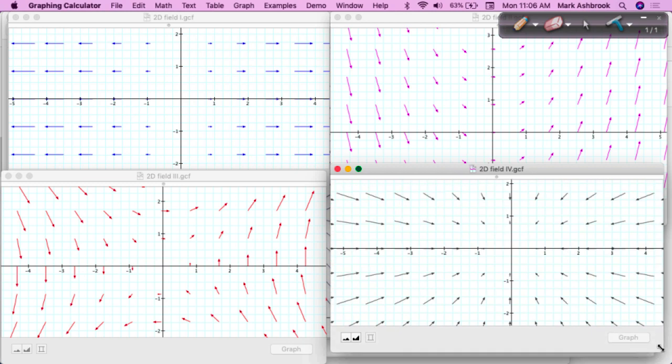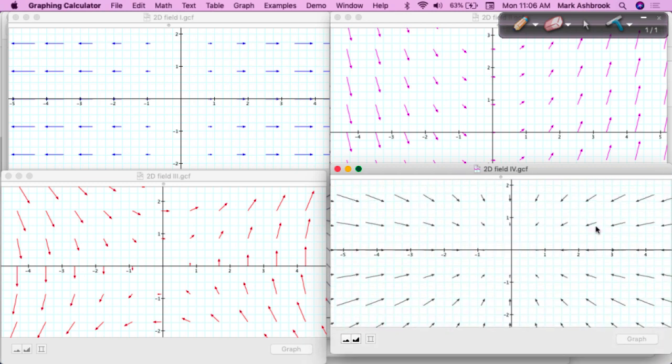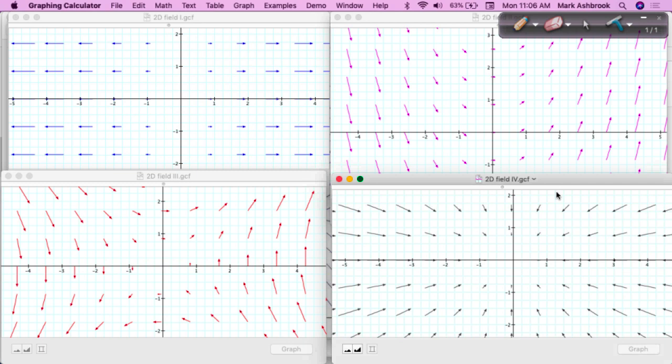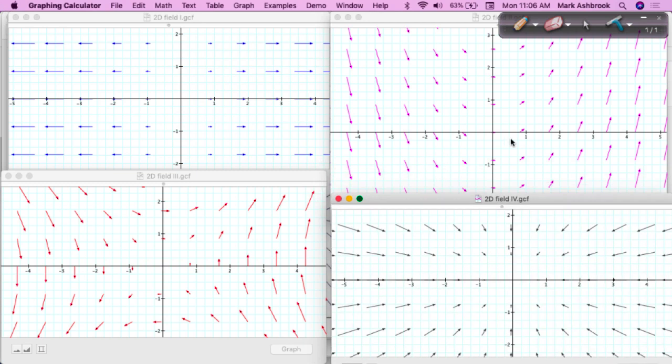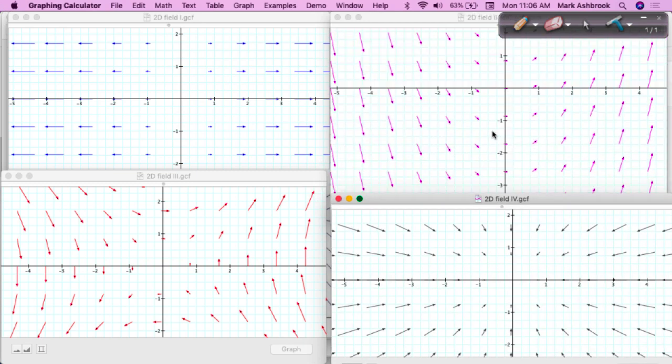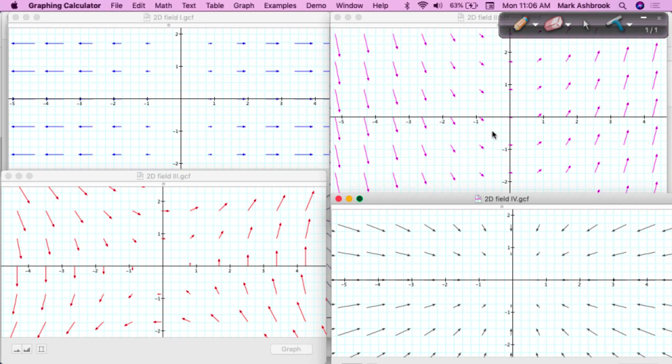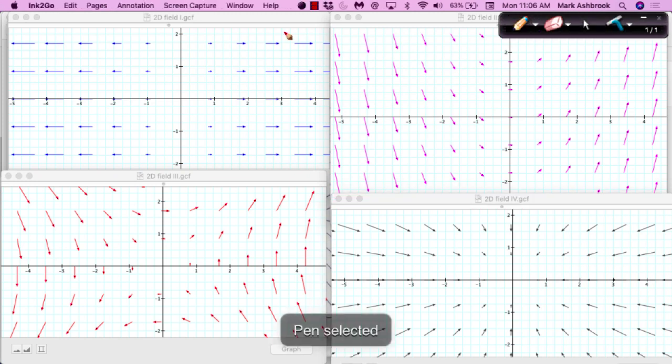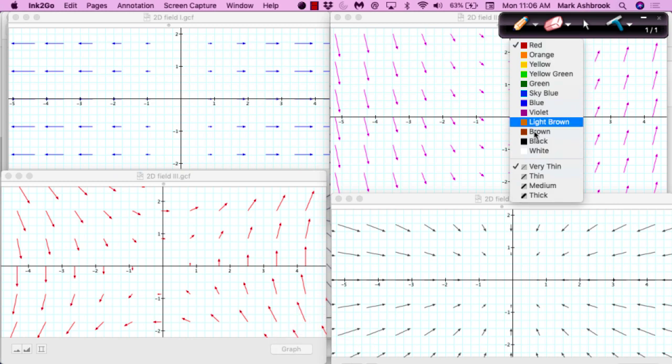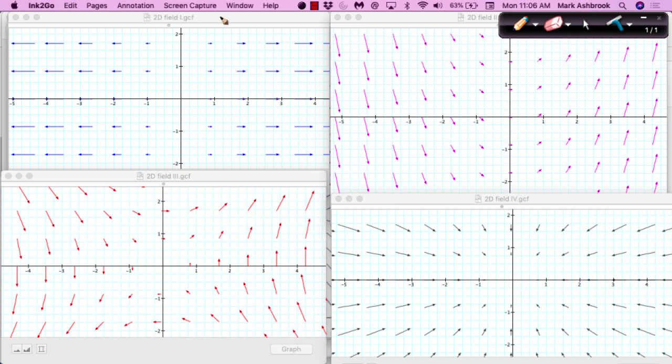Okay, so you're working together on these. Each of the components of x and y are either plus or minus x, plus or minus y, plus or minus 1, or 0. So those are your choices for every component.